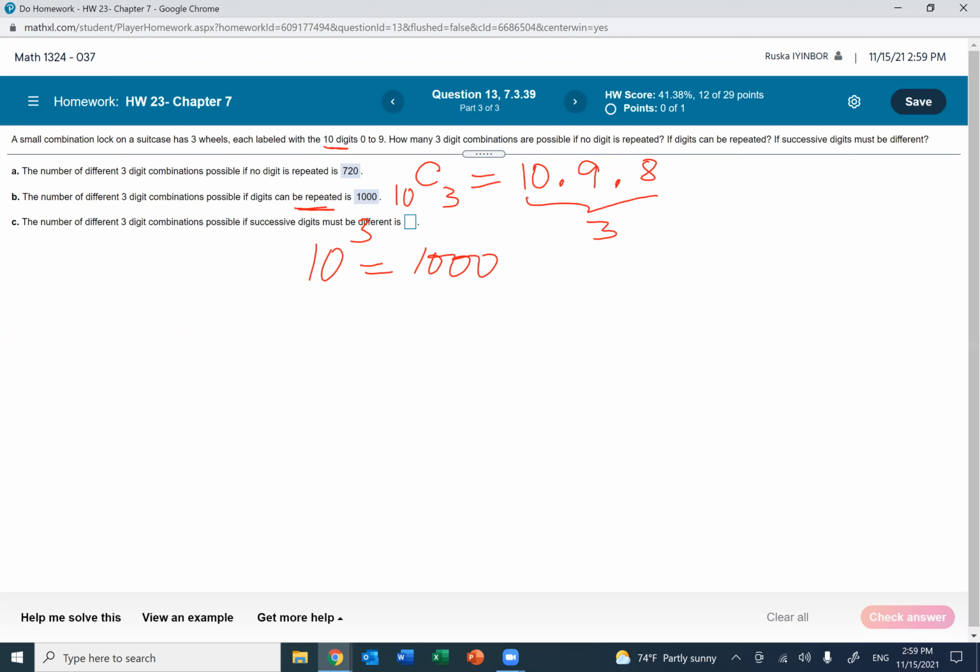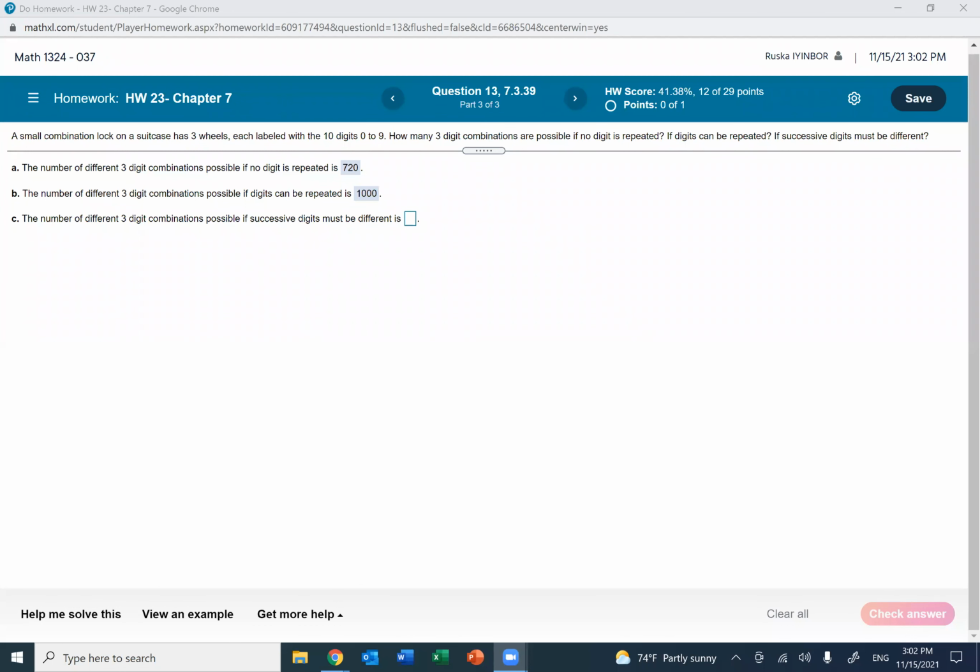And then we have the number of 3-digit combinations possible if consecutive digits are different. So here, let's see what you're going to do. We're going to start with the 10 possible digits.